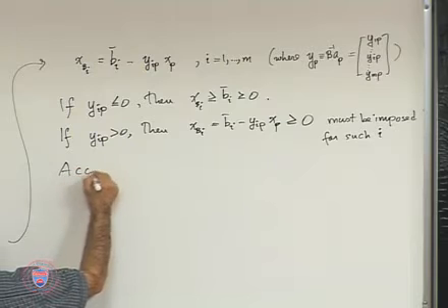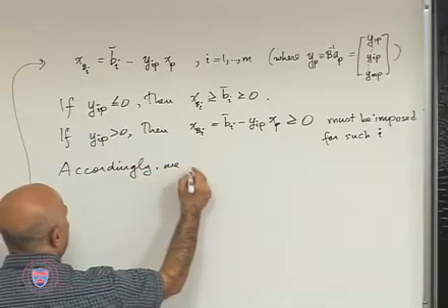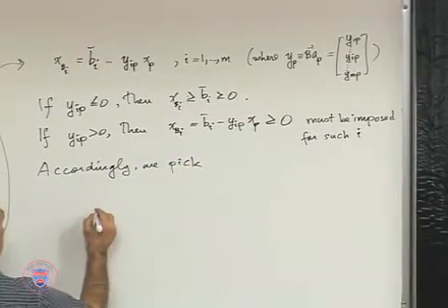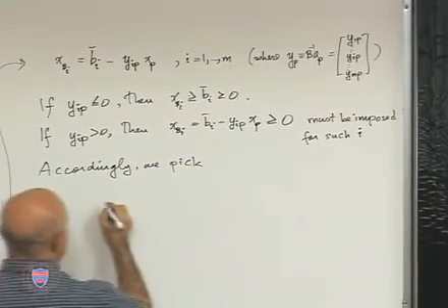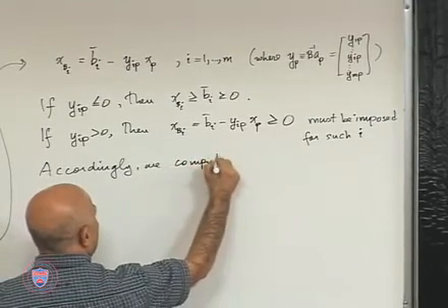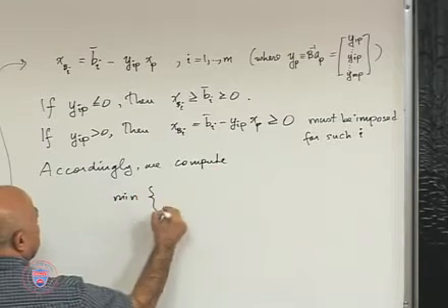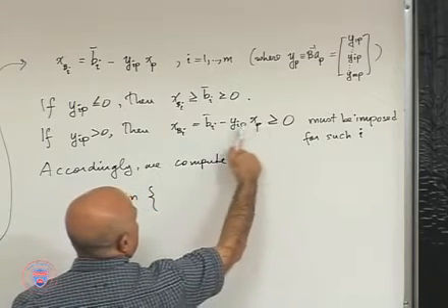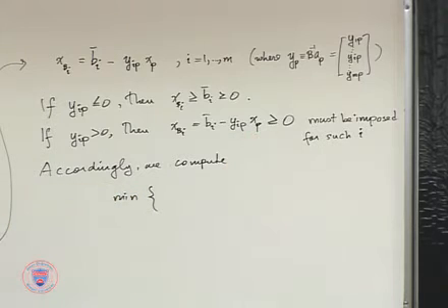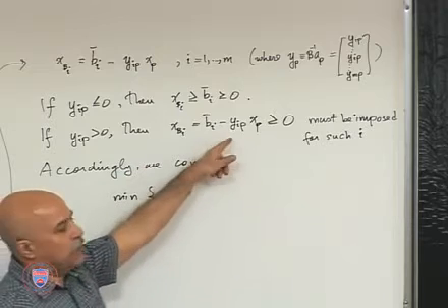Accordingly, we compute the minimum ratio of this. It simply tells you that x_p must be bounded above by this constant b̄_i divided by y_ip.